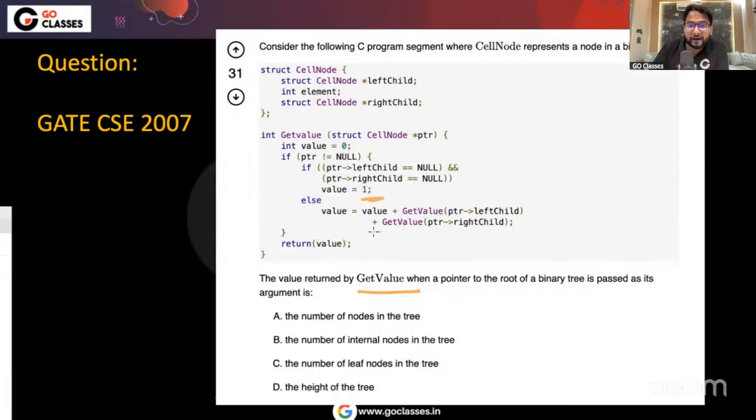Otherwise, you add. Now they're not taking the maximum, now they're adding. getValue of left child plus right child, you're adding both. So is it the number of nodes in the tree, number of internal nodes, or number of leaf nodes? It cannot be the height, by the way. Now you tell me, it is what?